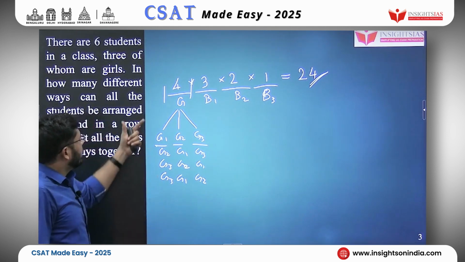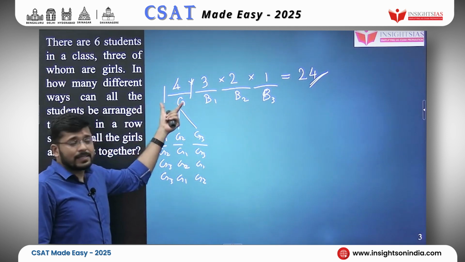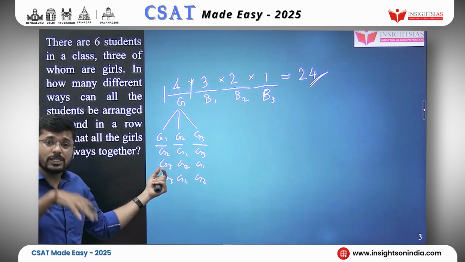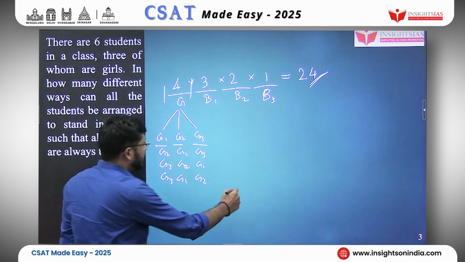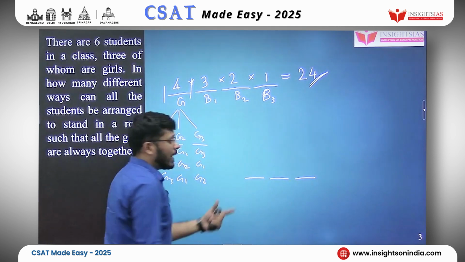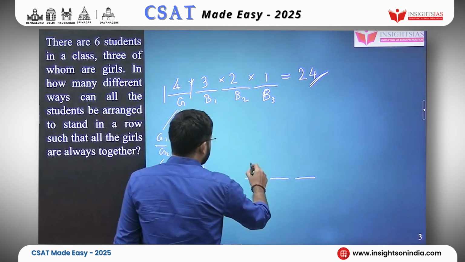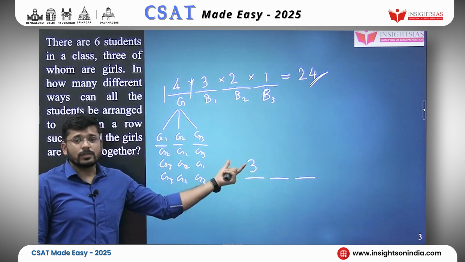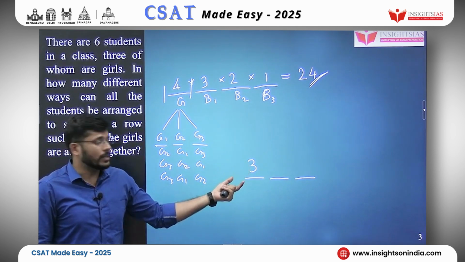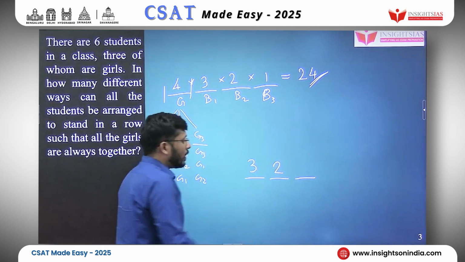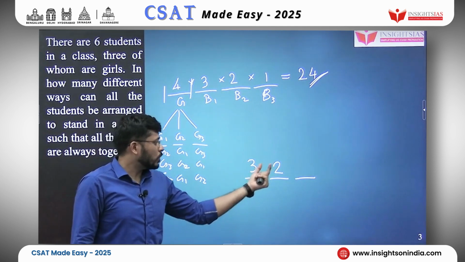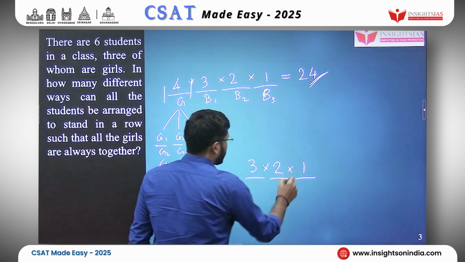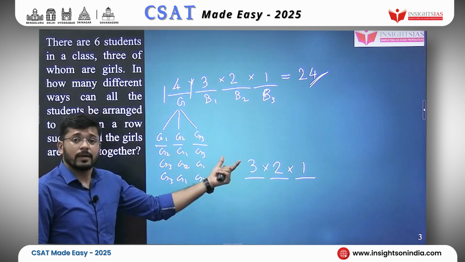How do we do that? We consider this one as a block. Let's do an internal permutation calculation, an internal arrangement calculation, for this block. Inside that block, there will be 3 positions, and we have 3 girls. In the first position, any of the 3 girls can come, G1, G2, or G3, and once one of them has taken one position, we are left with 2 more girls for the second position, and if one took this position and another took that position, we are left with only 1 option for the third position.